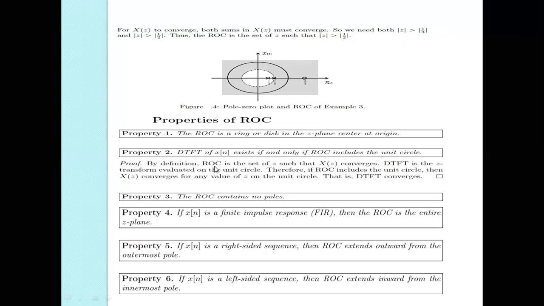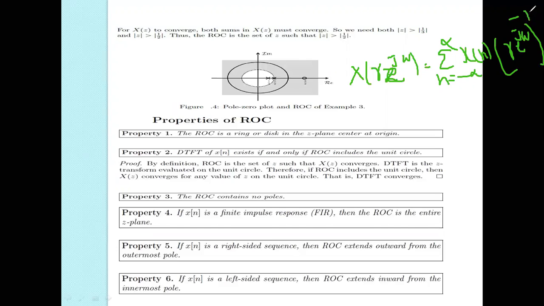By the definition, the ROC is the set of z such that X of z converges. The discrete time Fourier transform is the Z transform evaluated on the unit circle. Why am I saying this? We already saw X of R e^(j omega) is equal to the sum of n from minus infinity to infinity of x of n, where z is nothing but R e^(j omega), whole power minus n.